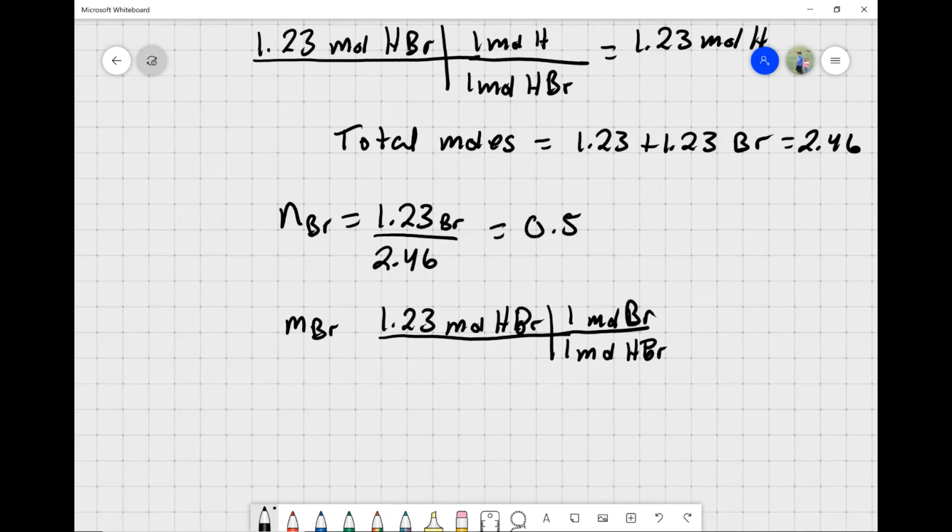I'm working it out a little too much, but 1 mole of bromine is 80 grams.